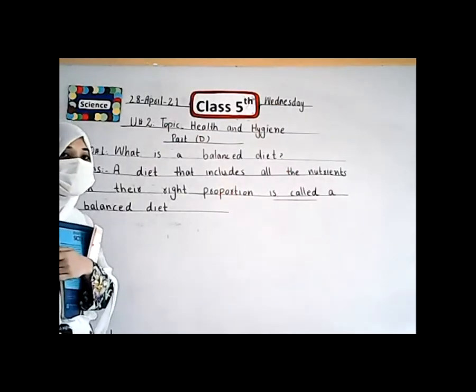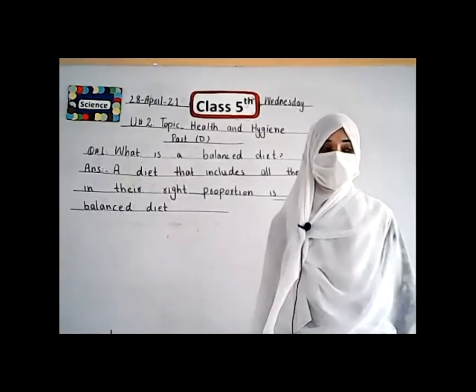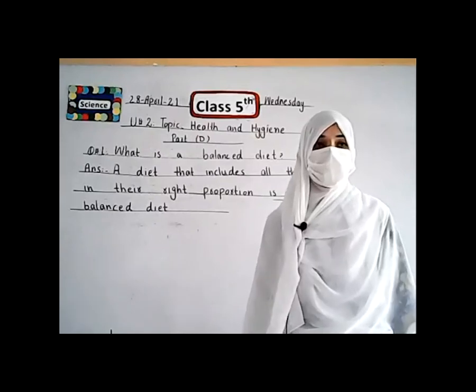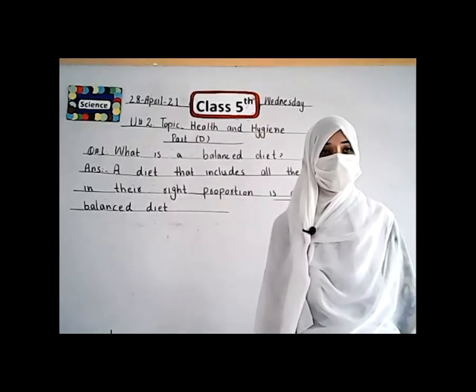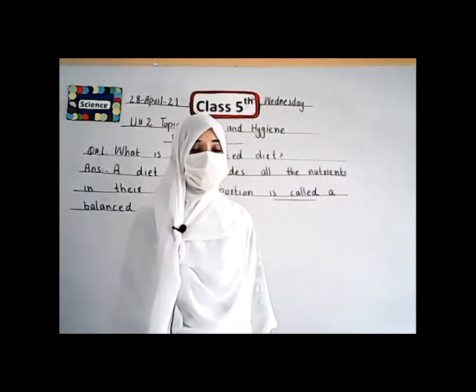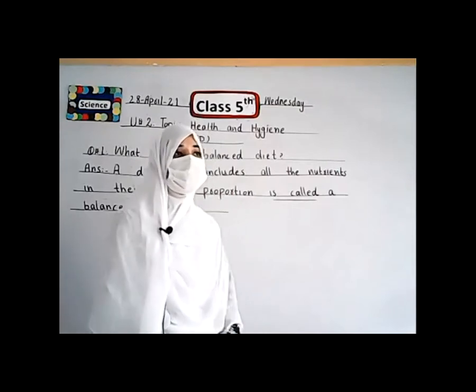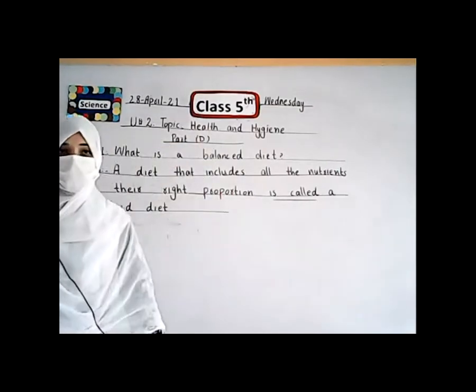The food we eat in our daily lives contains all the right things, such as fruits, vegetables, milk and milk products, bread, meat, fish, eggs, and all the things that are helpful for our body.